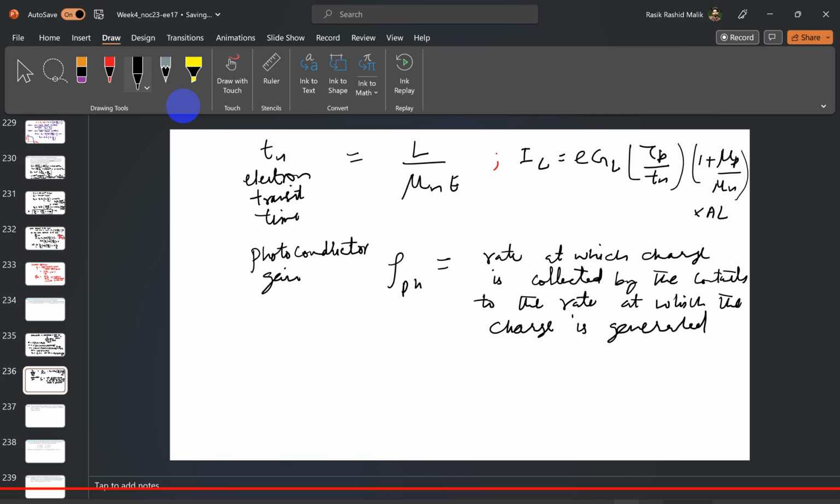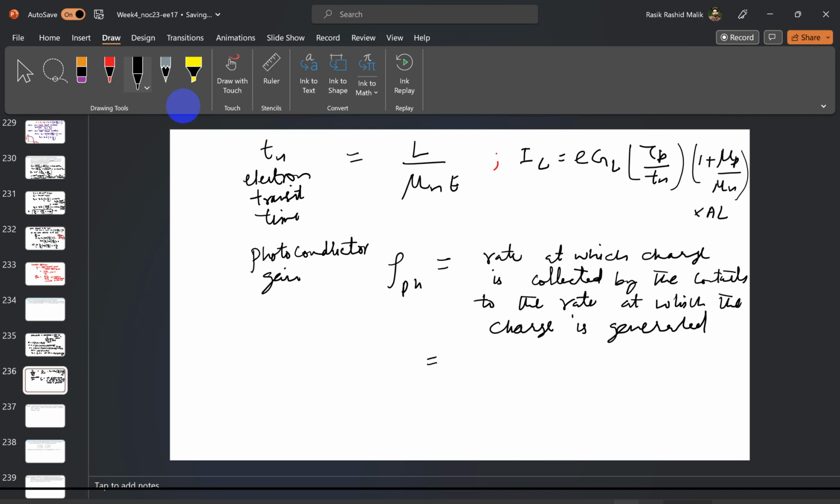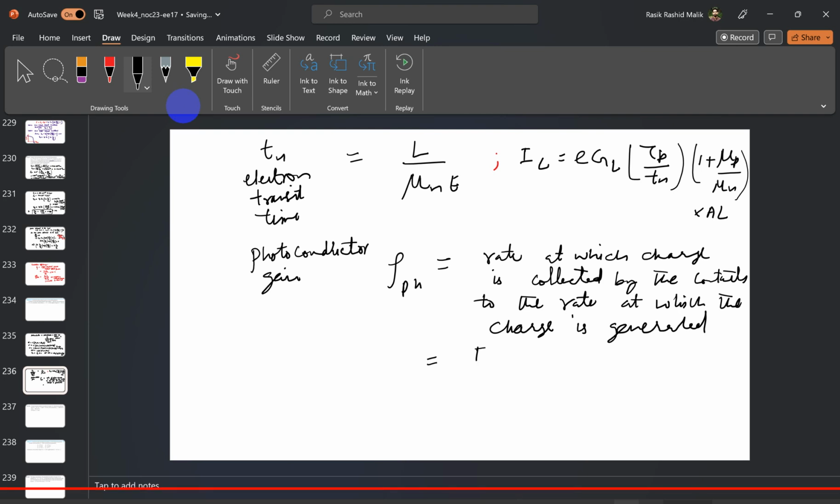Okay, so we can write then this gain to be equal to IL, and then the rate at which charge is generated is EGL AL.